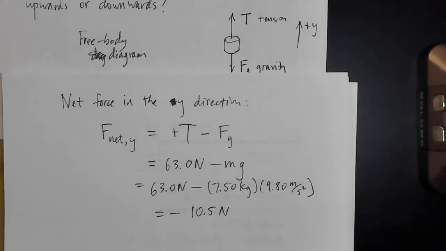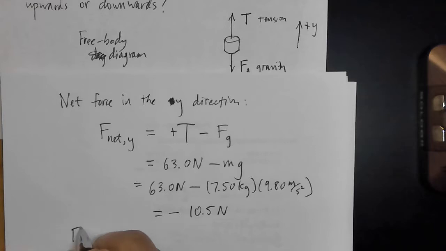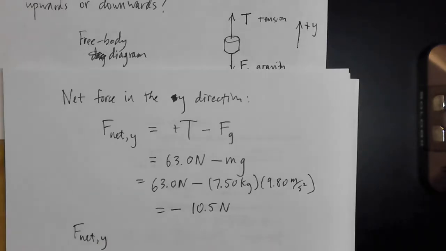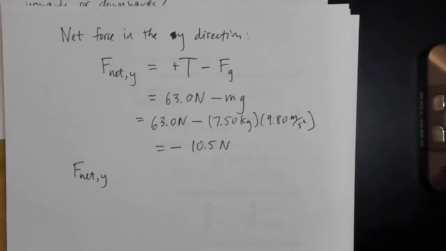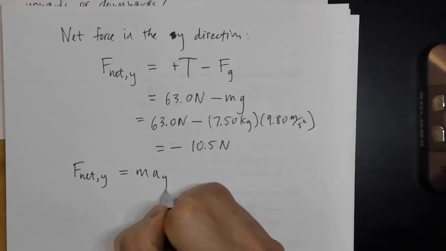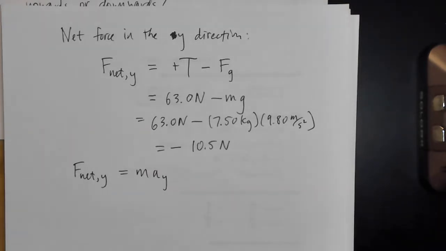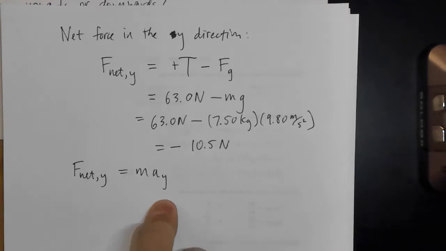Now, if I'm going to figure out which way the acceleration is going, the next part is Newton's second law: F net is equal to m times ay, the y component of the acceleration. Everybody is with me on this? First you get the net force, you add the forces together, and then you say the net force is equal to m times the acceleration.